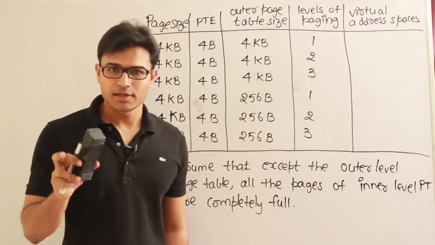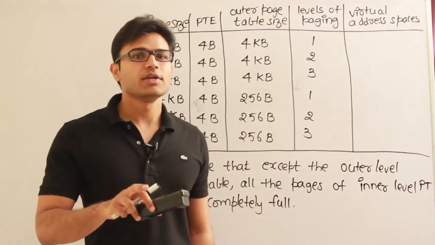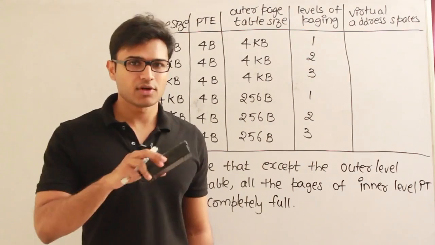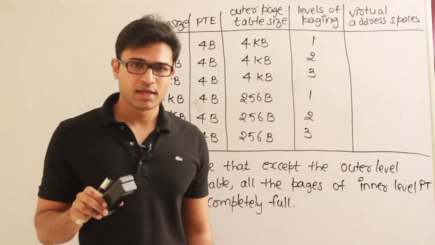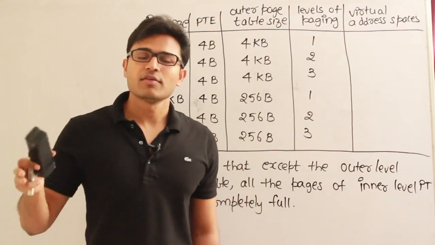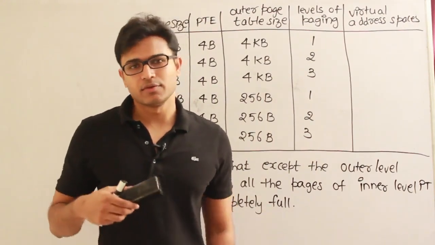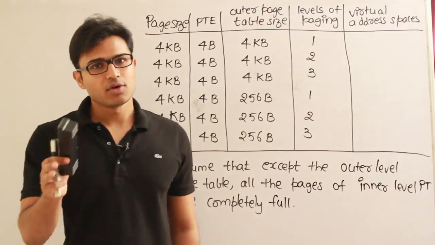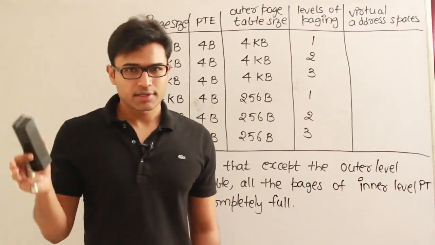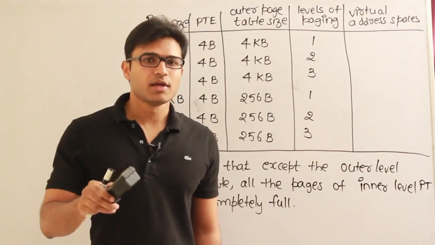So whenever at any level we have a page table so big that it doesn't fit inside one page, we divide it into various pages and go for more levels. We generally go till the last level, where the page table is going to fit in one page.